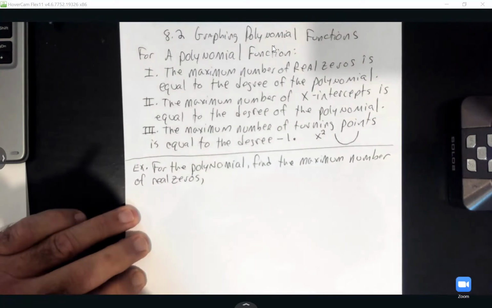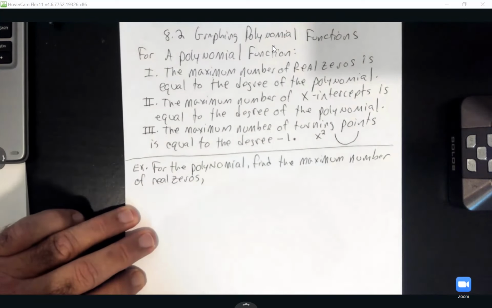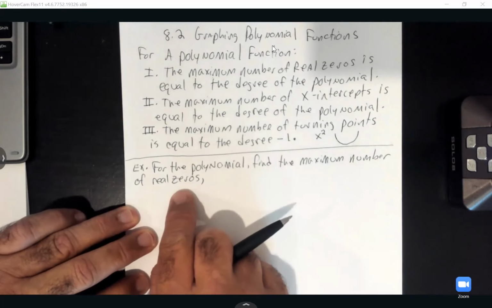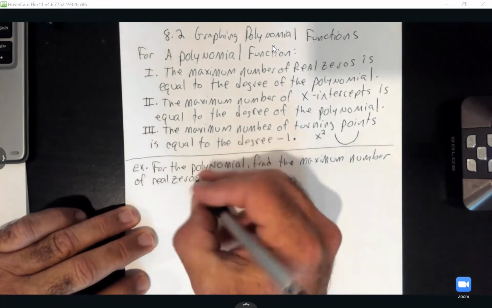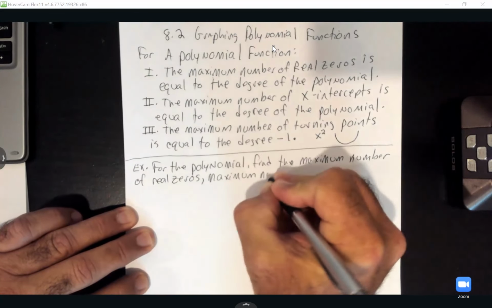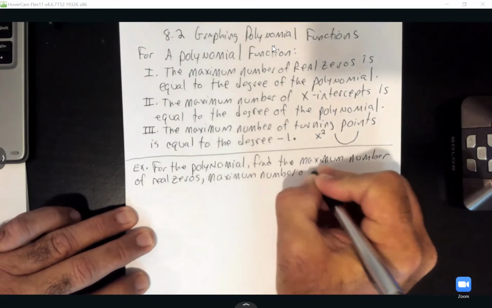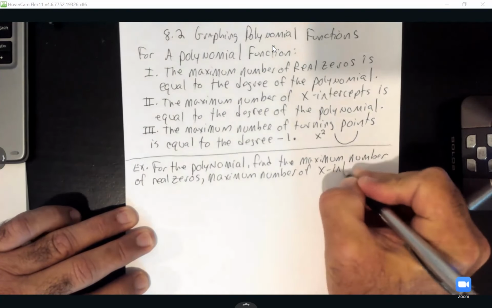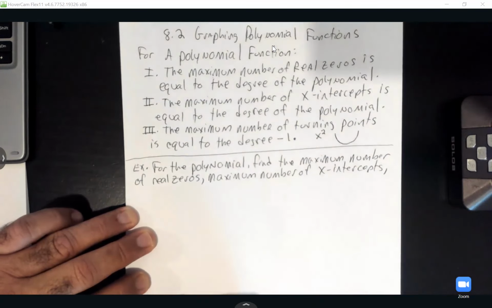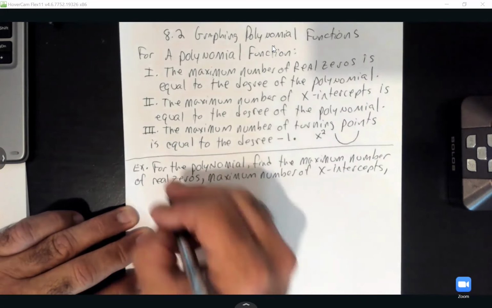Remember when you deal with those square roots, like the quadratic formula, sometimes we got imaginary answers, okay? So find the maximum number of real zeros, the maximum number of x-intercepts, and finally, the maximum number of turning points.